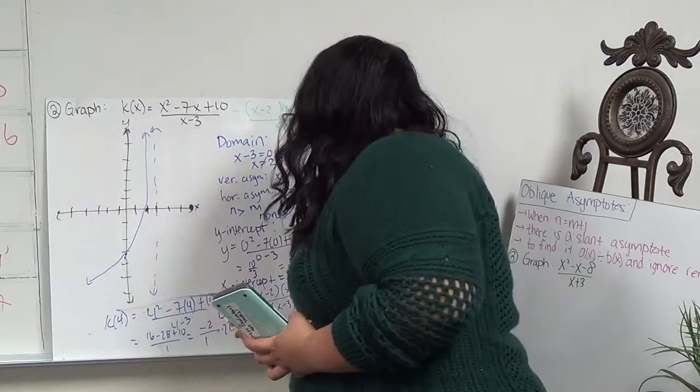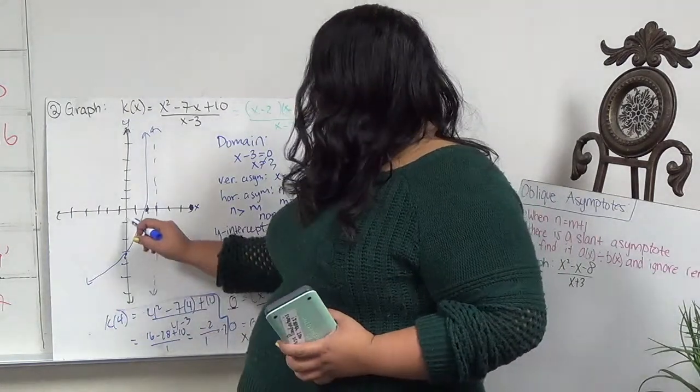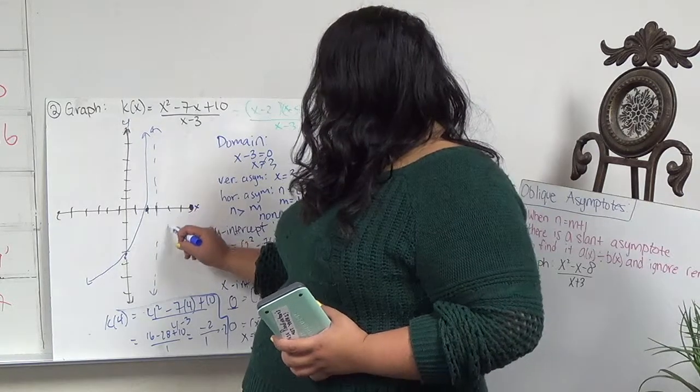So in this case, the point here is 4 comma negative 2. So 1, 2, 3, 4 comma negative 2.